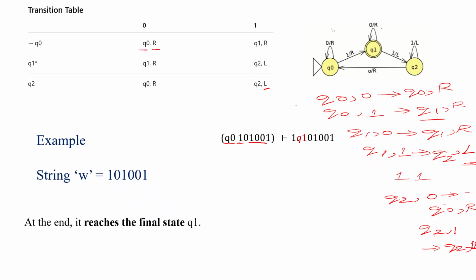Now what is the next condition? The next is Q1 with 0. We have to check like this. What is Q1 with 0?